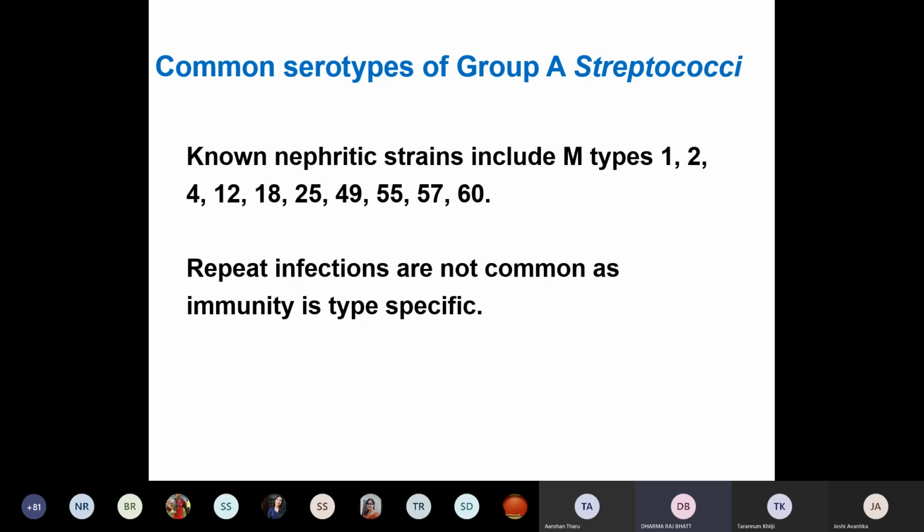This means a person who has had infection with M1 type may not develop infection by the same serotype again, but there is a possibility of infection by other types.